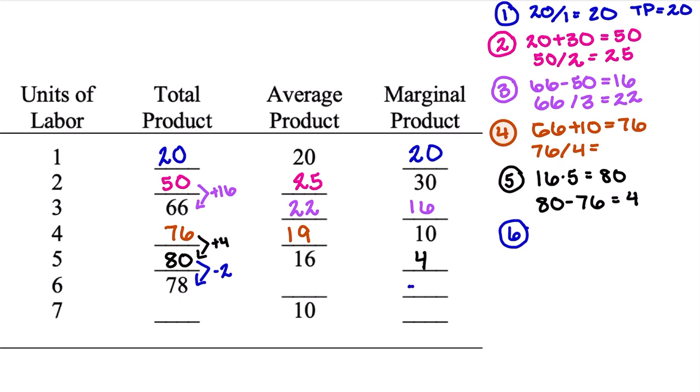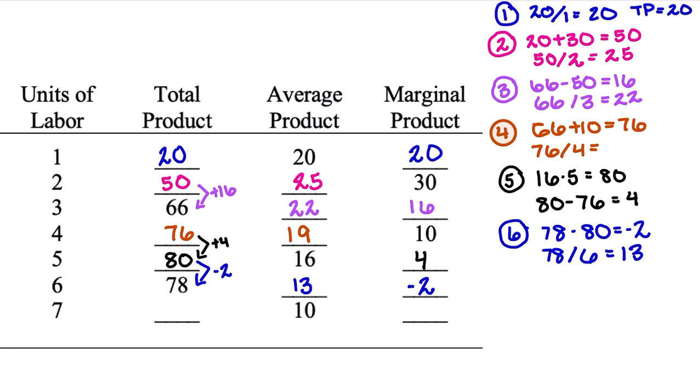This one was negative 2. So 78 minus 80 gave us our negative 2. And then for our average product, we're going to have 78 divided by 6, which gives us 13.